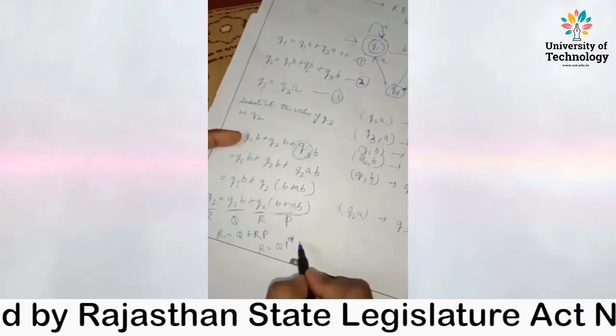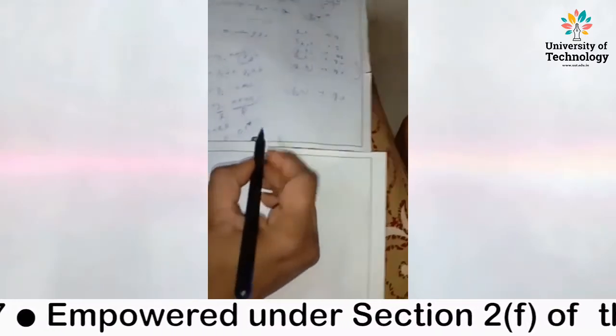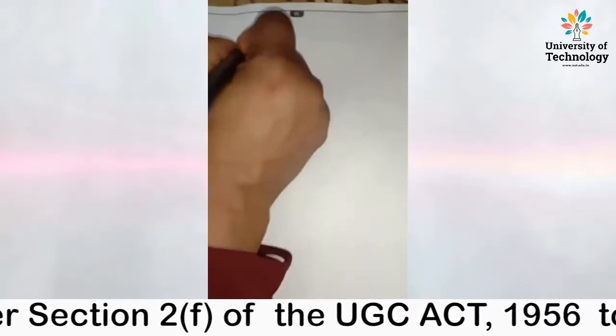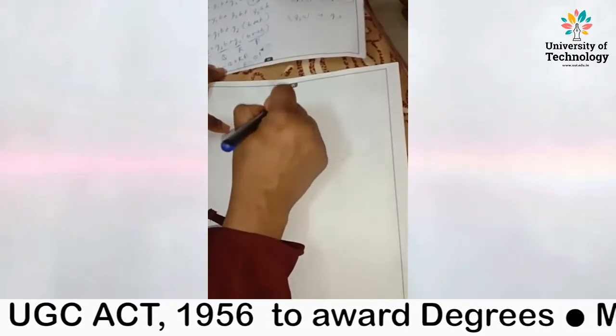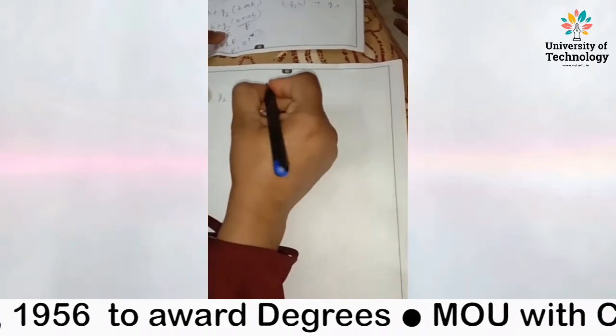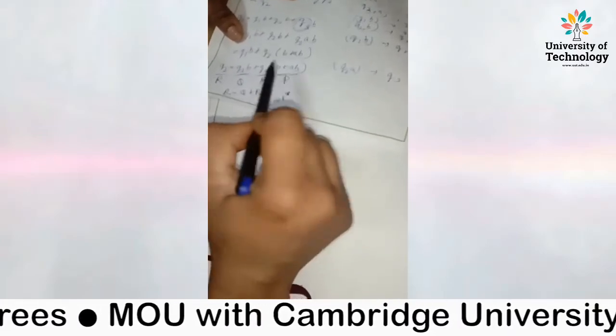So similarly, using this Arden's theorem, we are going to convert it. So you can write Q2 equals Q, that is Q1B, plus, now see here, RP.